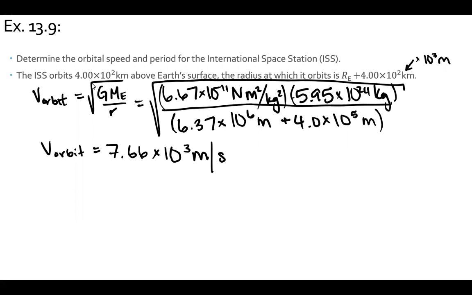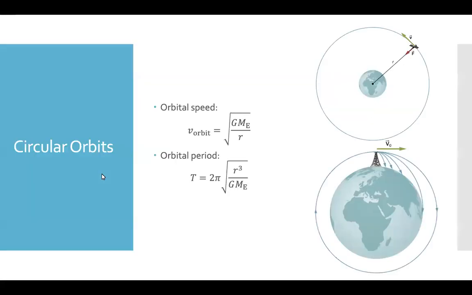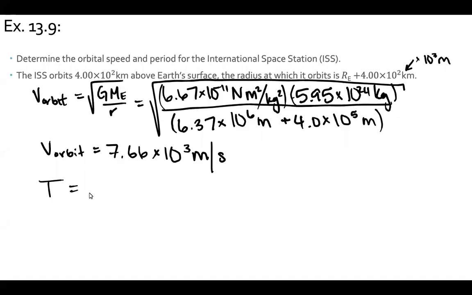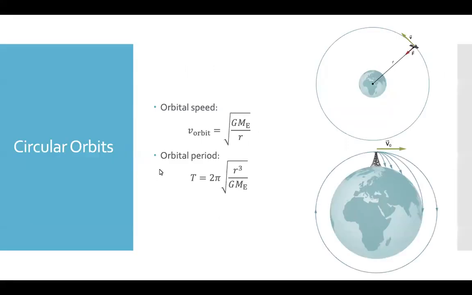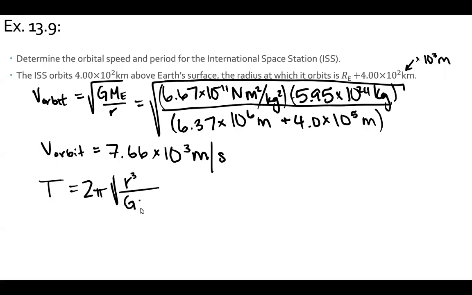Now we want to know the orbital period. So we're looking for T, and that is 2 pi times the square root of r cubed divided by G M sub E. Okay, so again, we have this here.